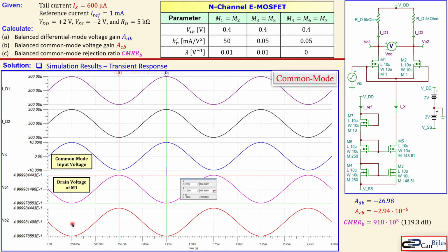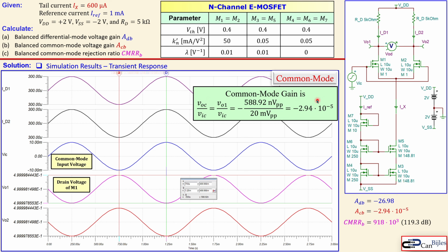It doesn't matter, you can also take the drain voltage of M2. But when you now do the common mode gain here, which is then as said 588.92 nanovolts peak, that's really from this cursor, and divided by the 20 millivolts peak, so that will give you really minus 2.94 times 10 to the power minus 5, which is exactly as we have calculated. So this is actually fantastic. So this is also checked.